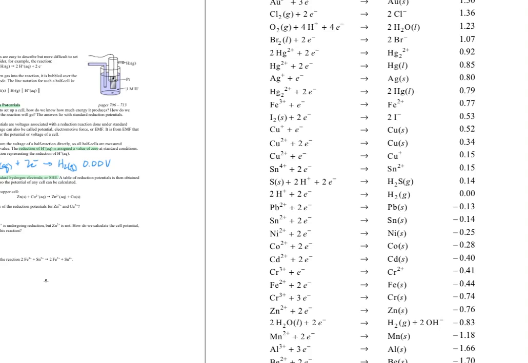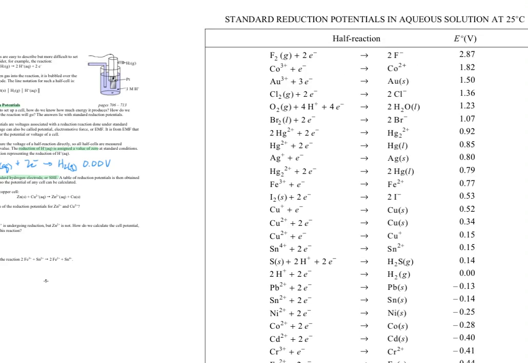But what I want you to notice about this reduction potential chart is, of course, all the reactions are listed as reductions. You can see on the left side of the reaction arrow, everything here is a reduction. Okay, and these are under standard state conditions, so 25 degrees Celsius, and the solutions are at 1 molar. The gases are at 1 atm.